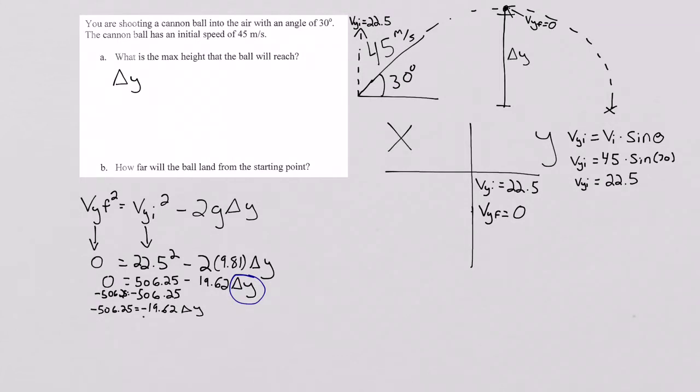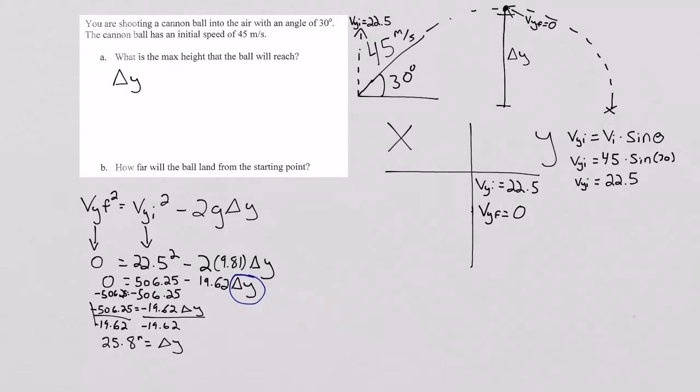One more step and we're almost there. Divide that by negative 19.62. The negatives will cross each other out, and then using your handy calculator, you'll end up with 25.8 equals delta y. You can add that little meters on there.